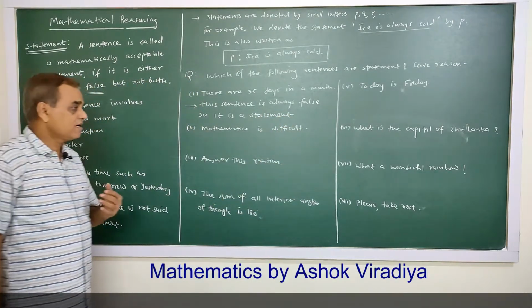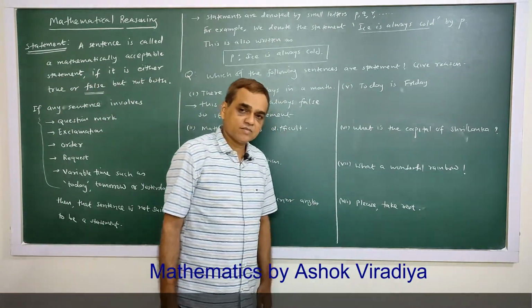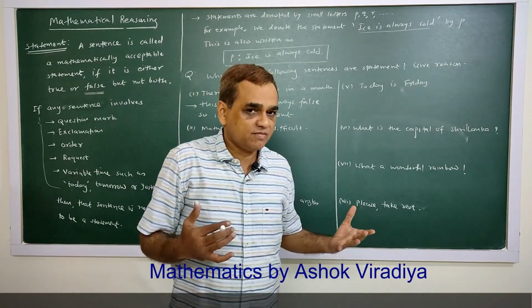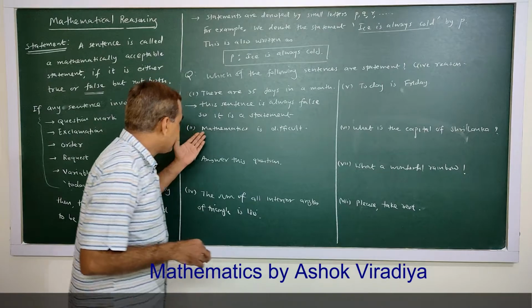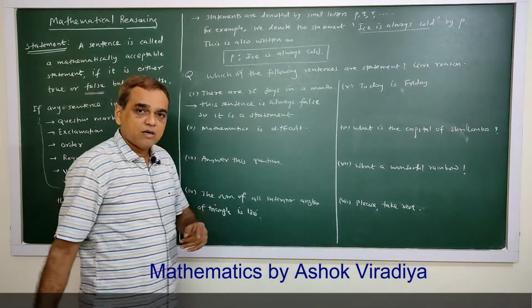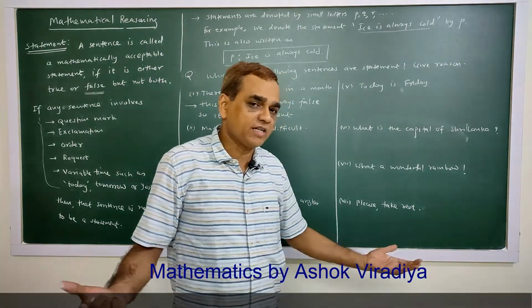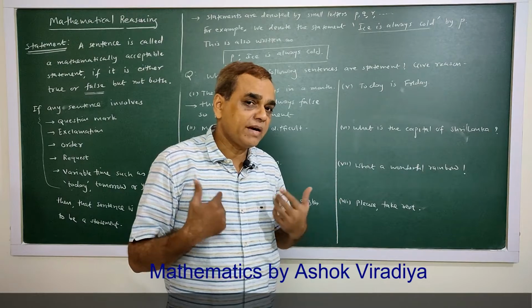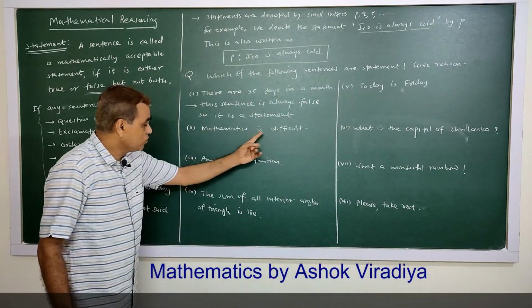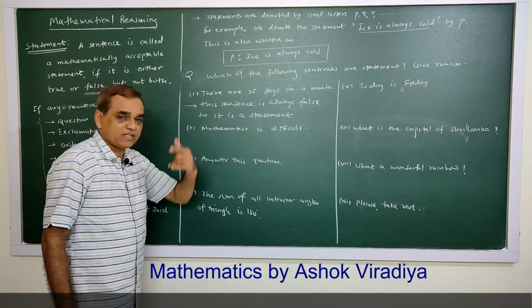Second sentence: mathematics is difficult. Let me justify whether it is true or false. This is false for me because I like mathematics; for me, mathematics is easy. But this is not true or false for everyone.